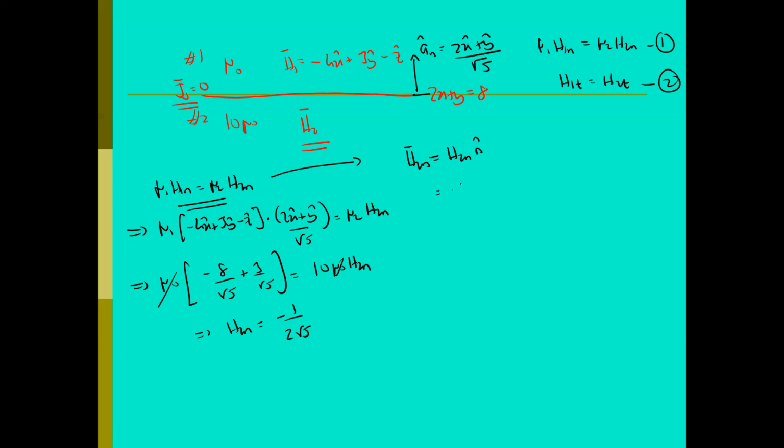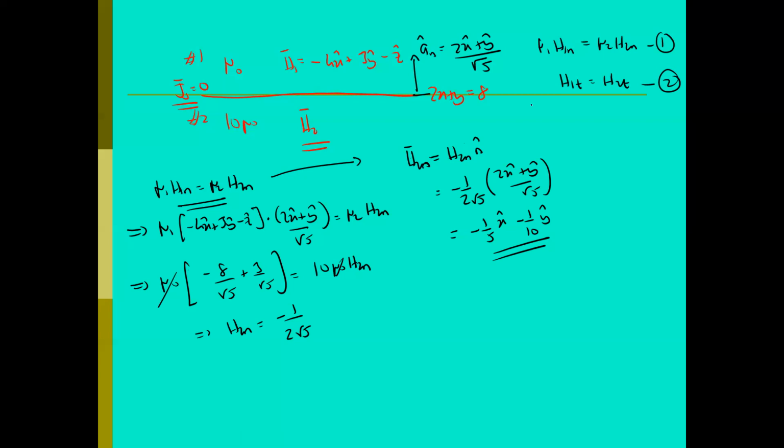So that gives us negative 1 over 2 square root of 5 multiplied with the normal unit vector, which is 2 of x plus y over square root of 5, and we end up with negative 1 over 5 in the x direction, and negative 1 over 10 in the y direction. So that should be our H2n vector.